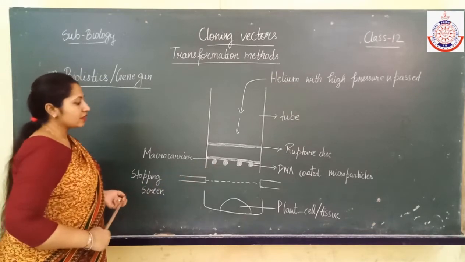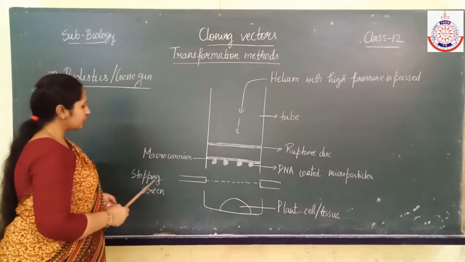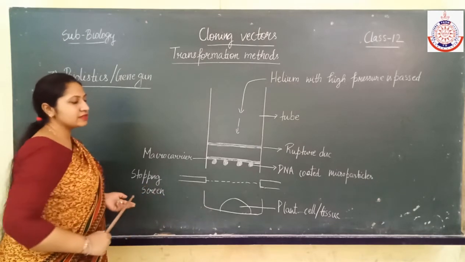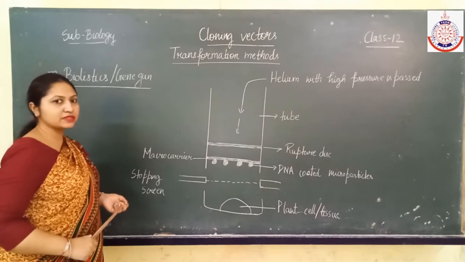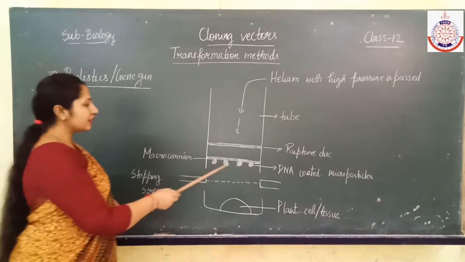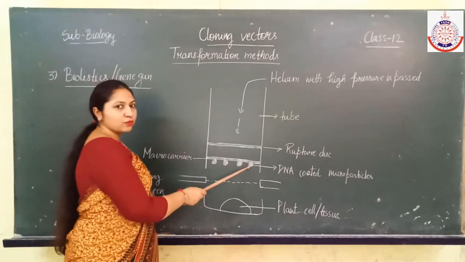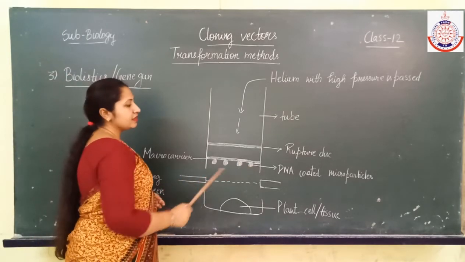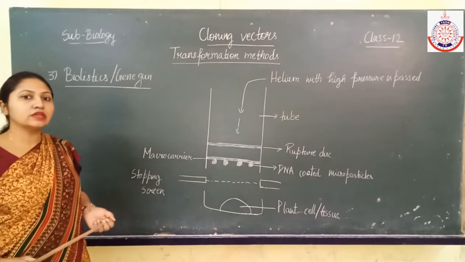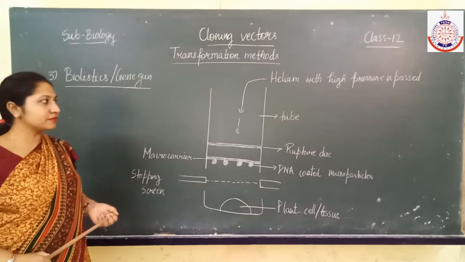This is known as the stopping screen, and here the plant cells or tissues are present. The rDNA is present on the microparticles, coated with gold or tungsten.